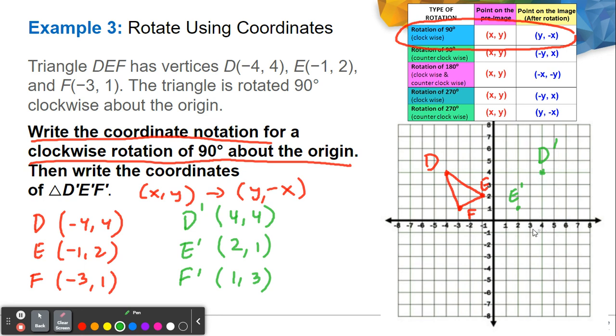And 1, 3 is our F prime. This now is our rotated image, rotated 90 degrees clockwise. It's really helpful if we have the rules for rotation. That's very easy. Let's move on to example number 4. You can pause the video if you want to complete your notes first.